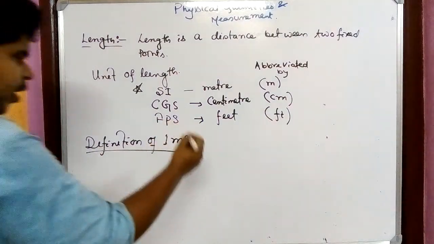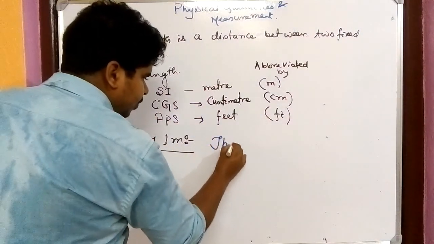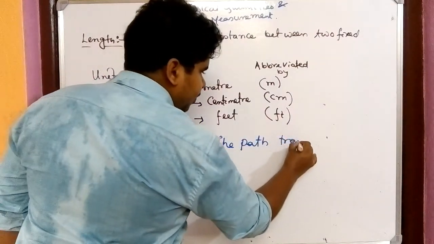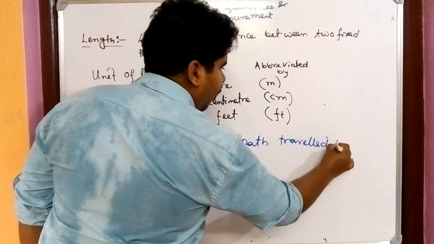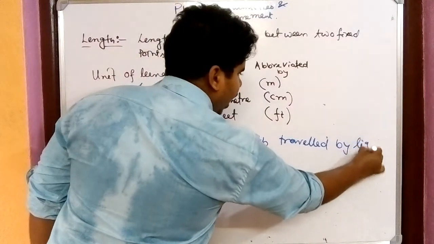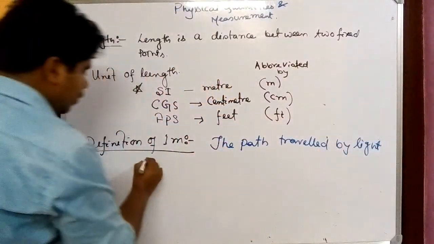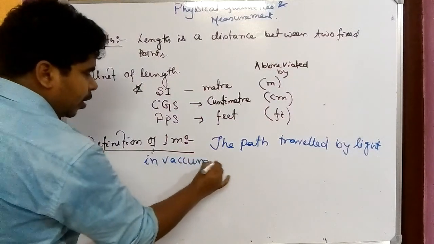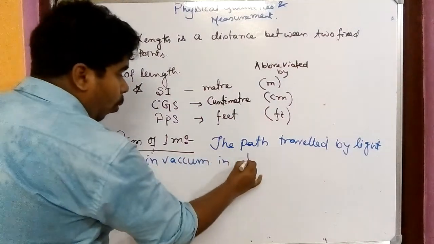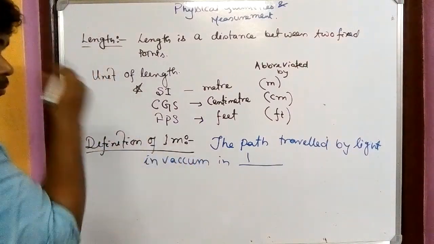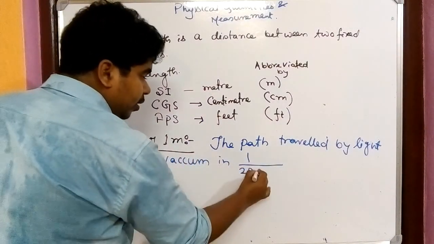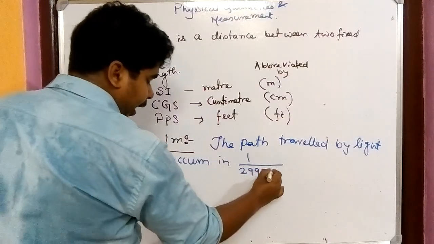Let's see. It is defined as the path traveled by light in vacuum in 1 by 29 crore 97 lakh 92,458 of a second. See the number, it's a very interesting number.